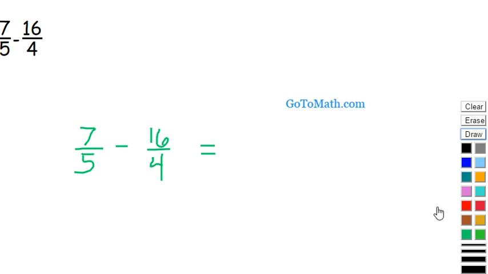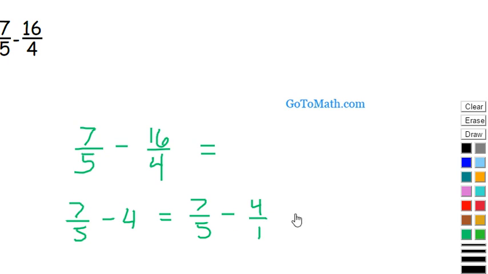I forgot I need to click on draw again. So let's do 7/5 minus, 4 goes into 16 four times. Yep, that's it. We're going to rewrite this as 7/5 minus 4 over 1. So we want to make sure we reduce our fractions down before we do anything else.